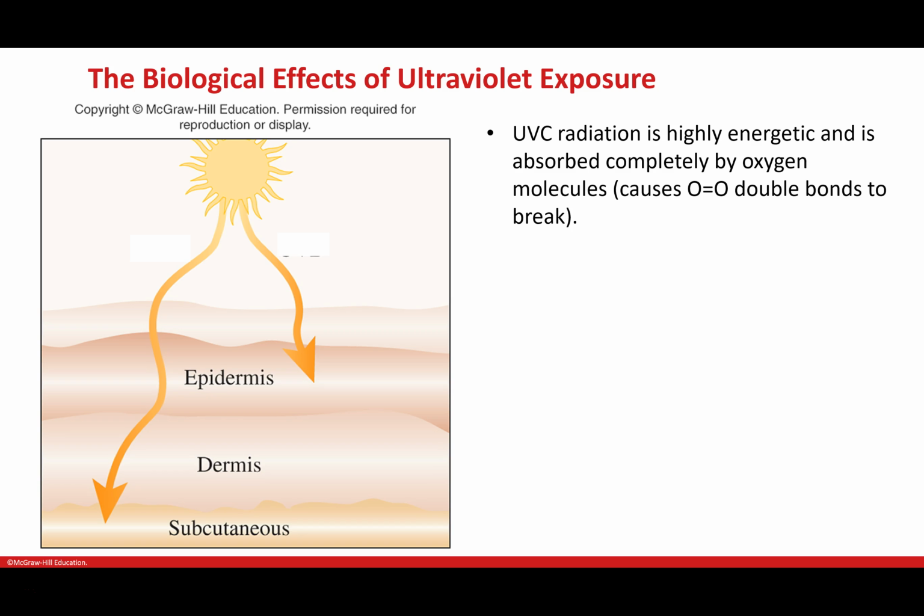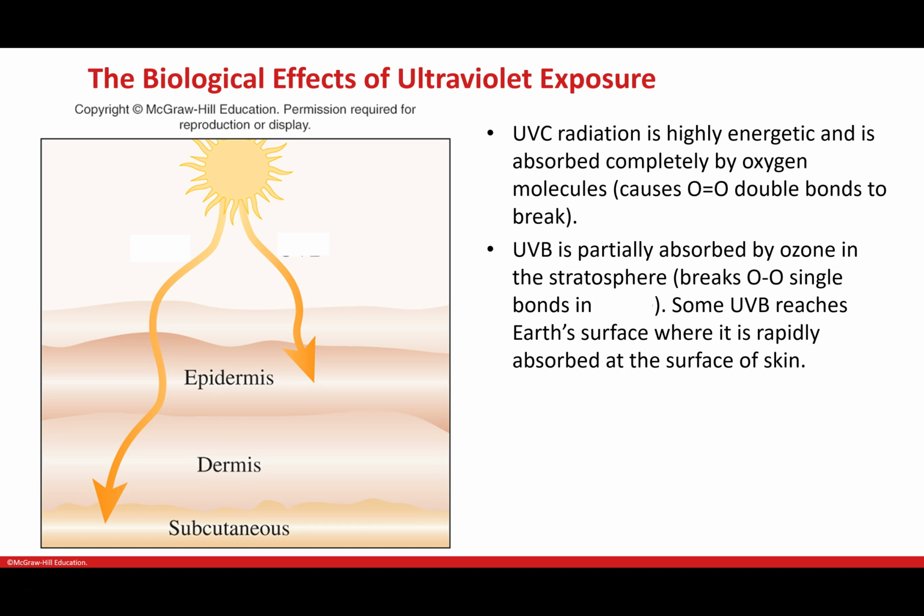Now we'll be talking more about structures for compounds or molecules. But the O2, remember we said that oxygen is diatomic? It actually has a double bond, oxygen double bond oxygen. The UVB is partially gets through the stratosphere. It is slowed down by ozone in the stratosphere, but some of it gets through.